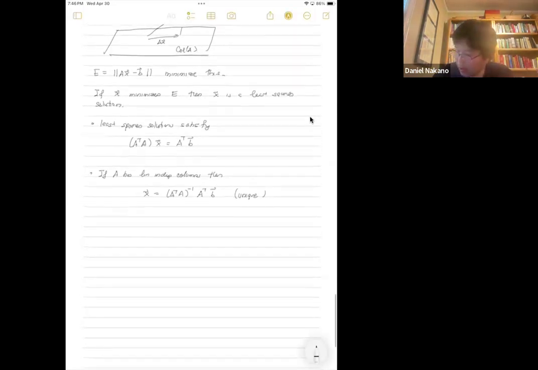Okay? And the point which is closest to B is A times X, and that's going to be equal to A times the whole thing. Okay, so this is the point closest to B. All right, so the obvious problem that you should be able to solve is you should know how to solve least squares.